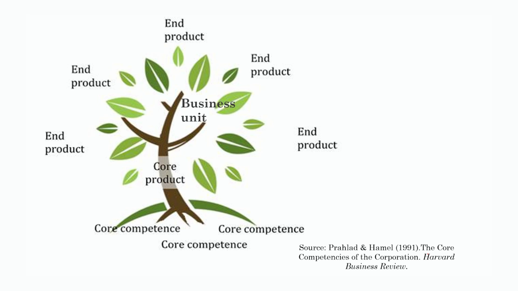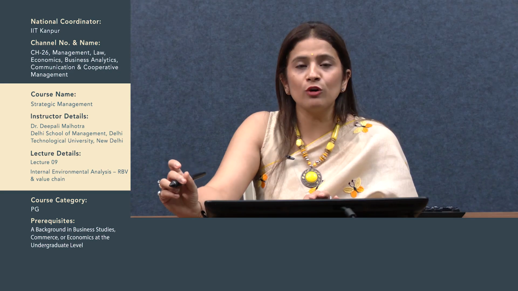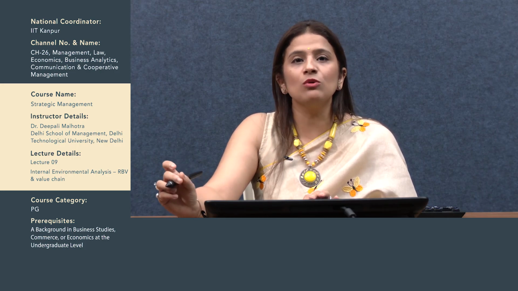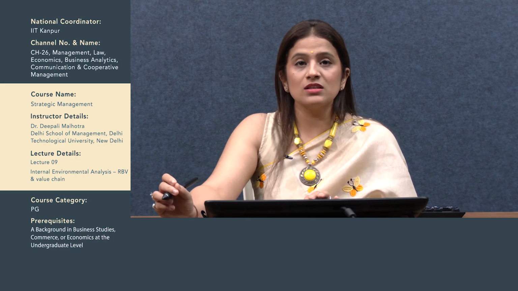The concept of core competency was introduced by C.K. Prahlad and Gary Hamel in 1991 in a paper, The Core Competencies of the Corporation, wherein the authors explained the concept by relating an organization to a tree. It's a very unique way in which they have explained it.